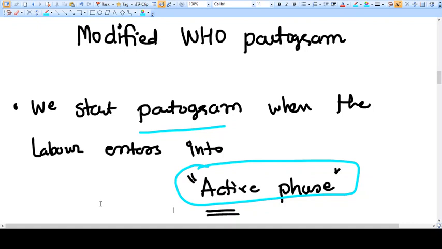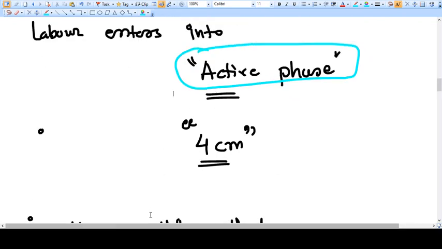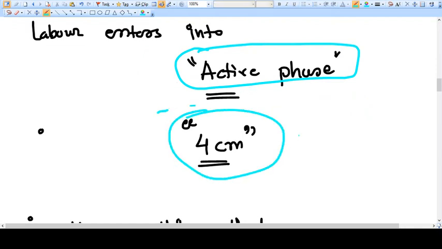You all know the active phase of labor starts at about 5 to 6 centimeters. But in the WHO partogram, we took 4 centimeters as the cutoff for active labor. We start the partogram at 4 centimeter dilatation. You got my point? Okay.